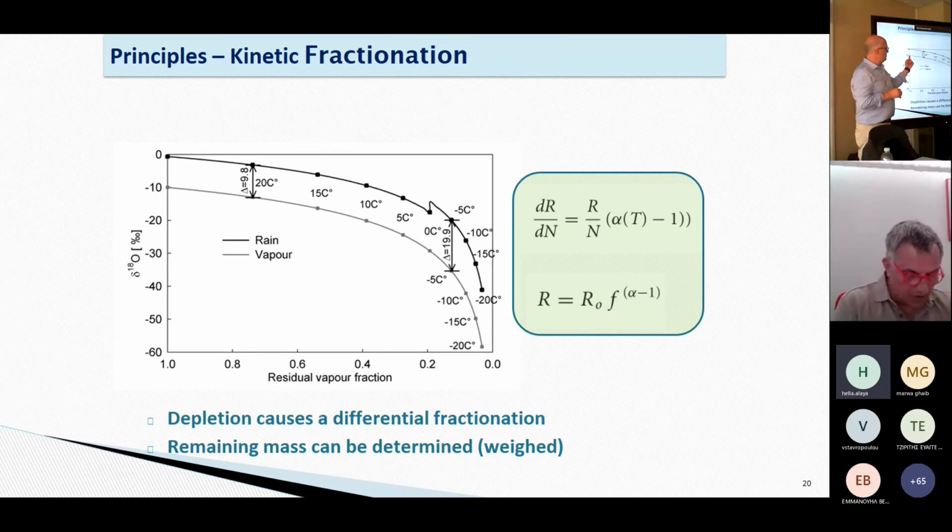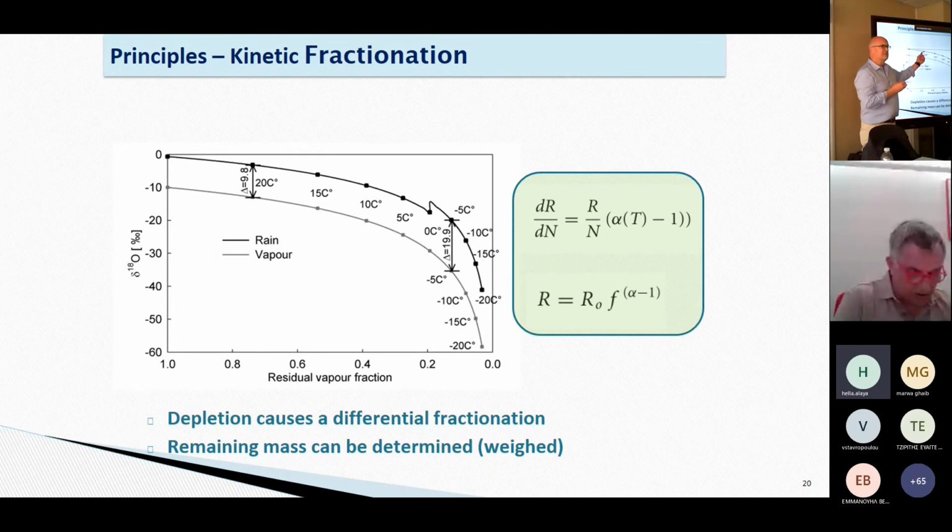Let's assume we have rainfall and vapor, which stems from the ocean, has a value of 0. Now we actually look at the precipitation. So we have rainfall being created from the cloud that comes from the ocean. Now, when it rains for the first time, let's say at 20 degrees, we will actually have an isotopic change of 9.8.